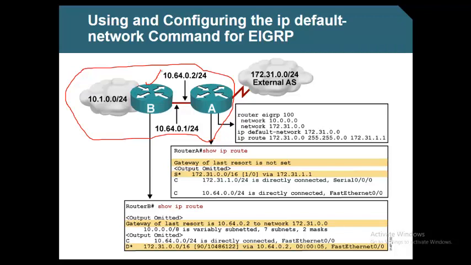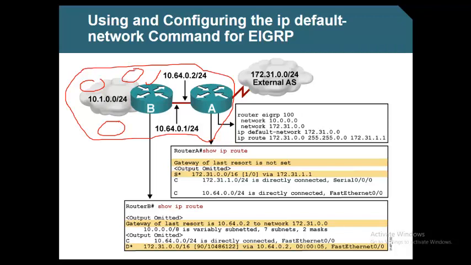To go to an external autonomous system, the only way to exit is via router A. So instead of writing a default route on every router, you remember the default route we used to write, 0.0.0.0 any net.